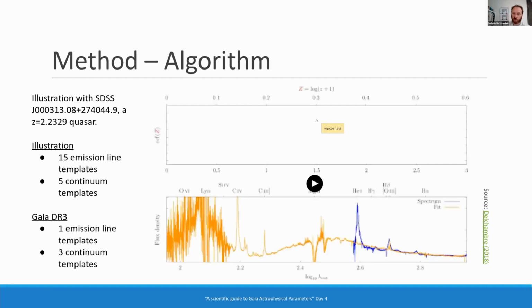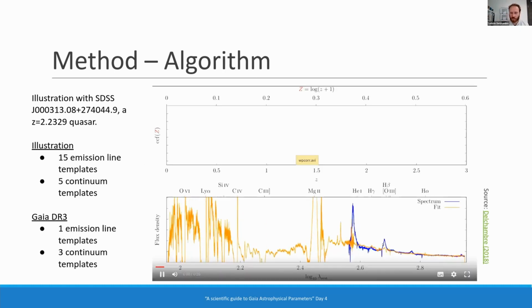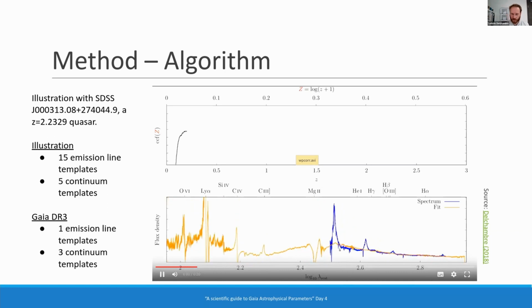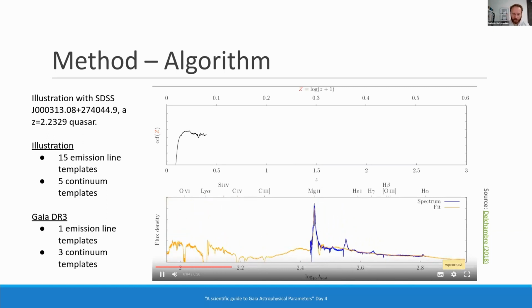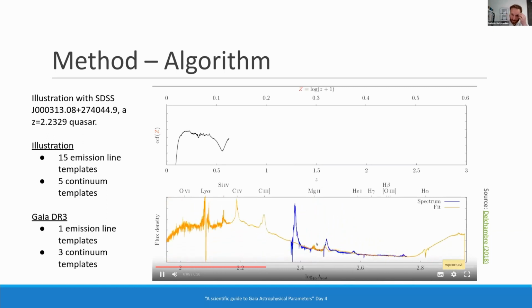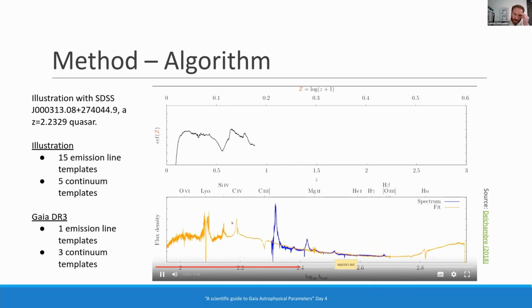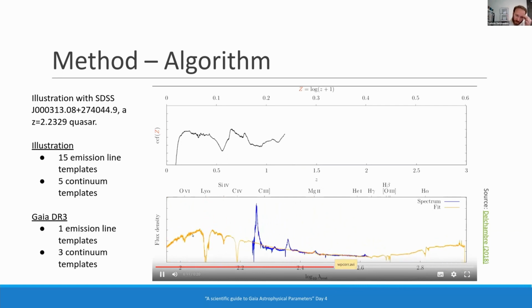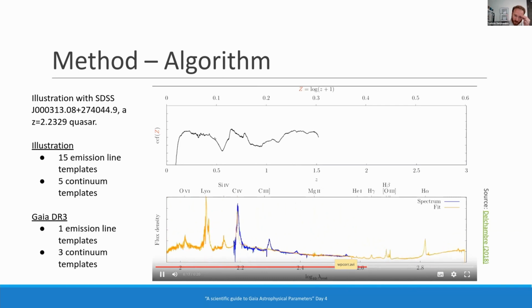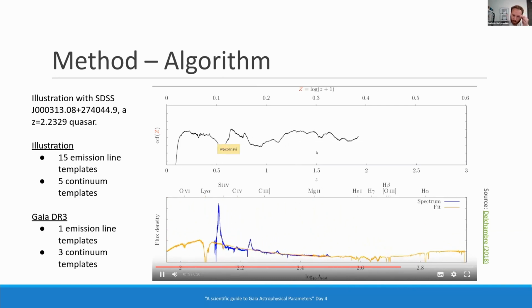This may seem a bit complicated to understand with a lot of formulas, and I think that the best way to understand is just to show a little movie applied to SDSS spectra. So in the spectra, we see in blue the observation that is shifted, and in orange the template. And we see that we are fitting the templates to the observation and computing the cross-correlation function.